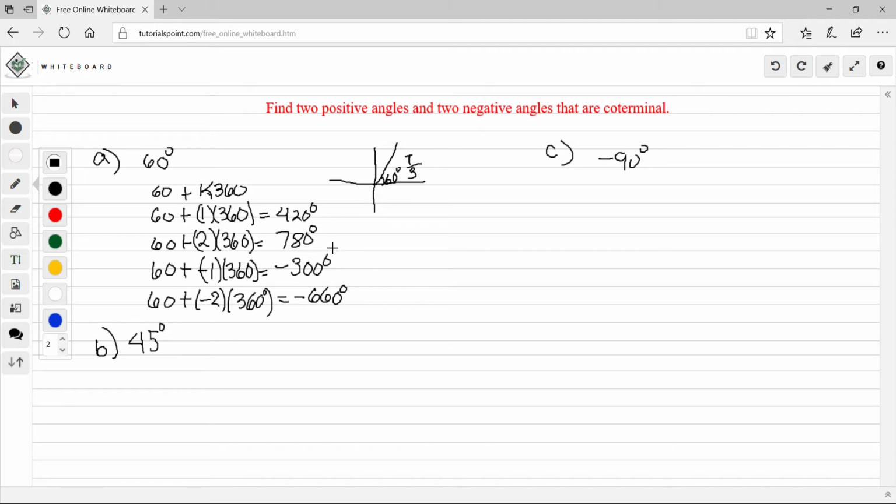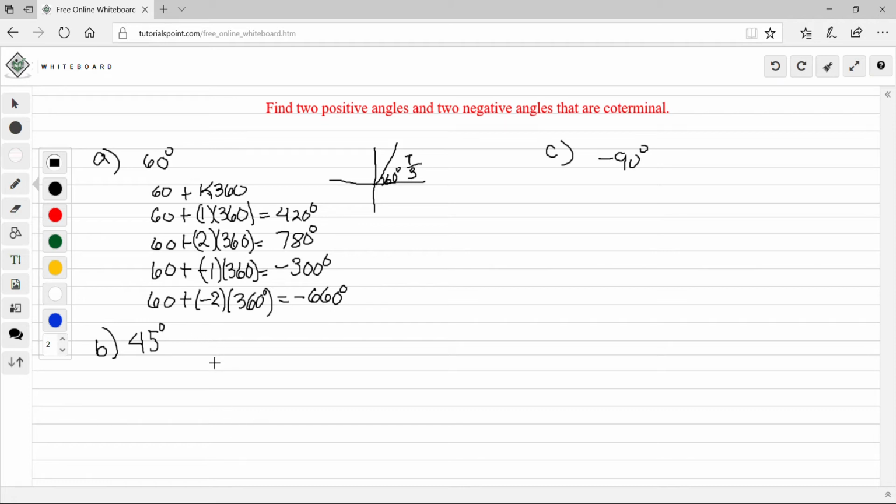The same with the negative: you go negative 360 once, and then you add 60, so it should be right here. That's how you get negative 300. On this one, you go around the unit circle the negative way twice, and then you add another 60, and that's how you get negative 660.